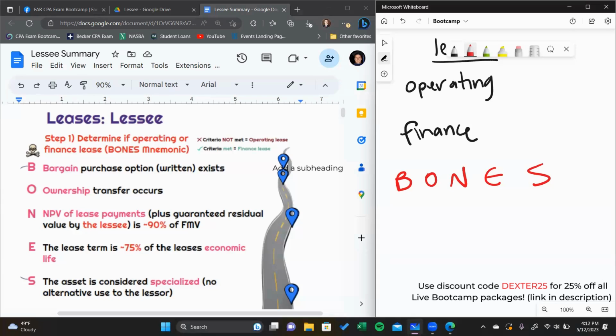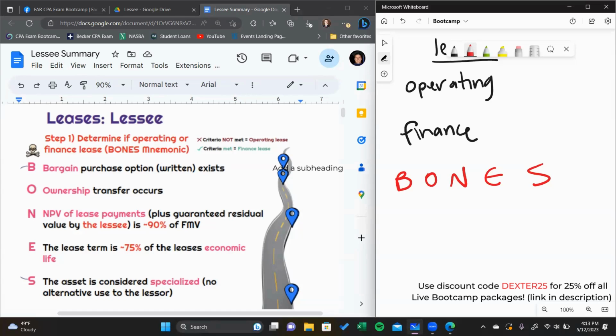Or if we had just purchased the asset on account. You'll see with finance leases, we end up paying interest. It feels very similar to a long-term asset purchase using debt. And that makes a lot of sense when you look at these criteria individually, right?